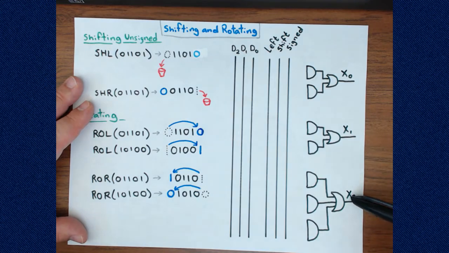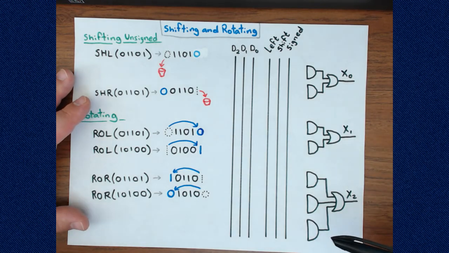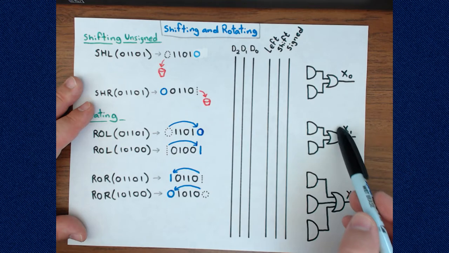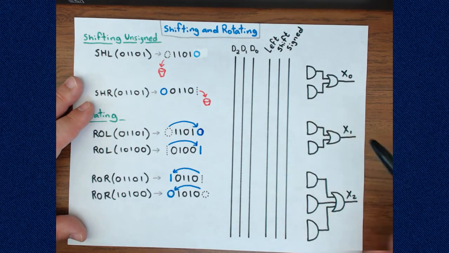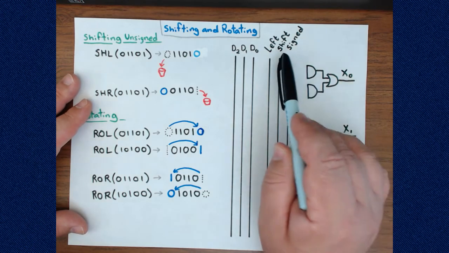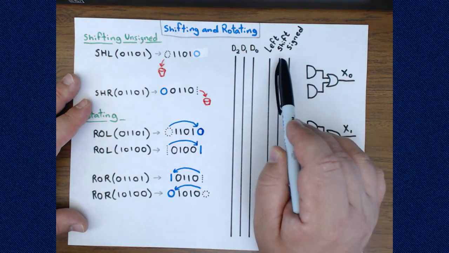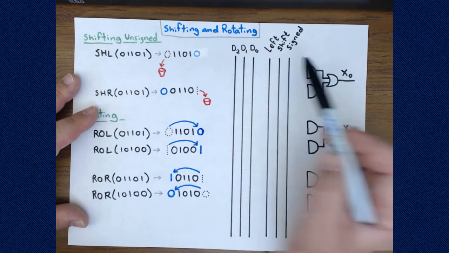So this is the high order bit, the middle bit, and the low order bit. And what we're going to do here can be scaled to an arbitrary number of bits trivially, because this one here in the middle is basically not affected in any fun way by whether or not we're shifting or rotating, and whether or not this is a signed or unsigned operation.